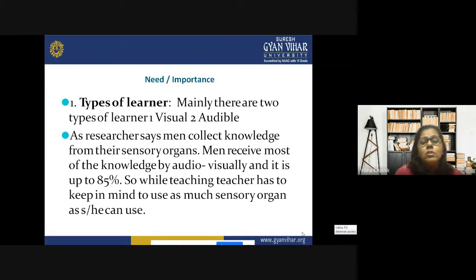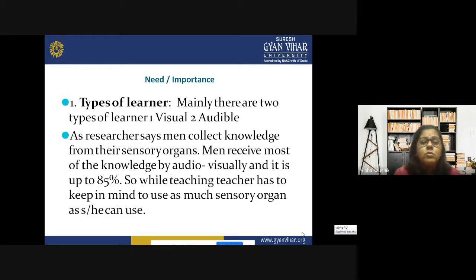As researchers say, man collects knowledge from their sensory organs. Means all the men are collecting the knowledge, information from their sensory organs. Different sensory organs are involved in the collection of knowledge and information, and this is all being said by the researchers.